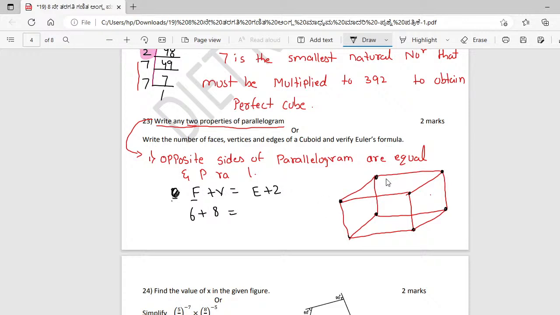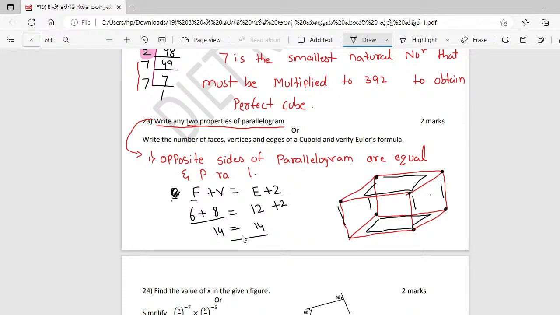Just count the lines. 1, 2, 3, 4, standing lines now 5, 6, 7, 8, now the base 9, 10, 11, 12. So there are 12 edges. Now 6 plus 8 gives 14, which is equal to 12 plus 2, which is 14. Hence we have verified Euler's formula for the cuboid.